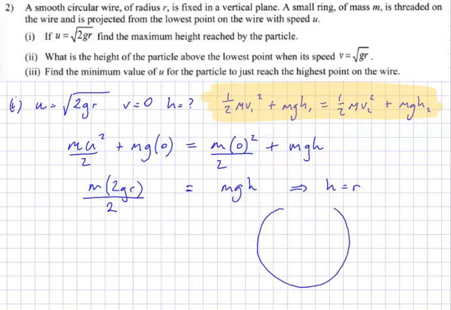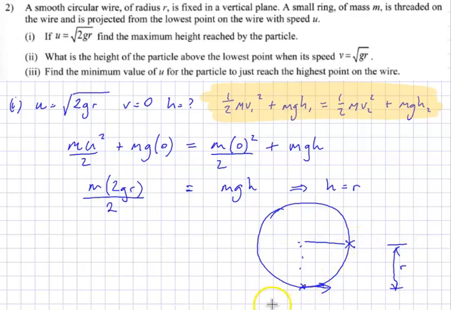So if you imagine our wire, that's its center. It starts at the bottom, it's fired, and the vertical height it's going to move is equal to the radius. So u equals root 2gr is for that scenario of it coming to that horizontal point, either side, and it's just going to oscillate either side.